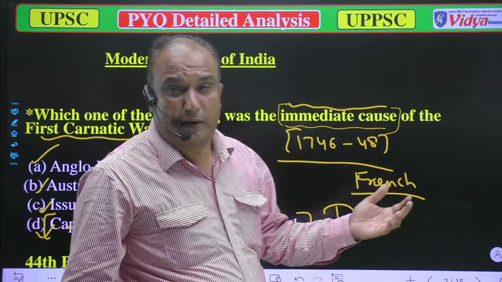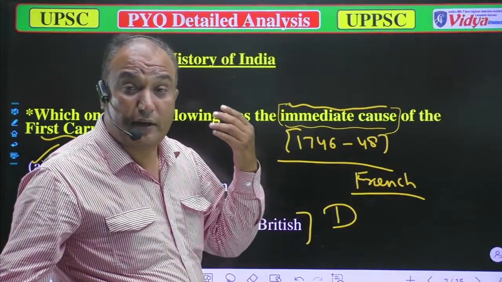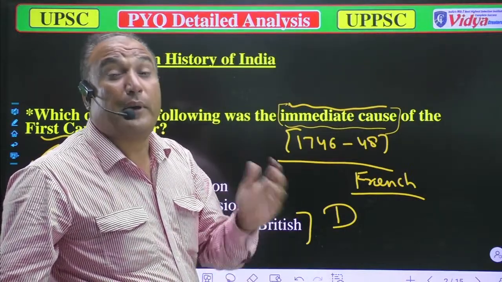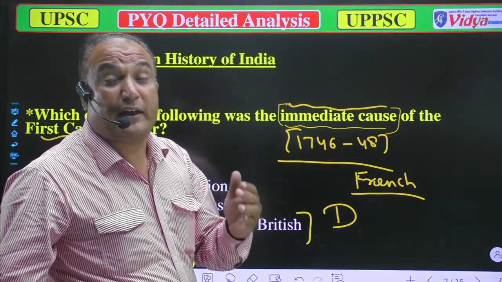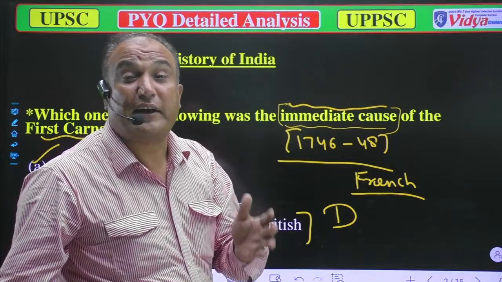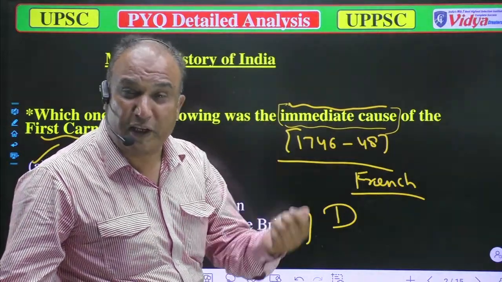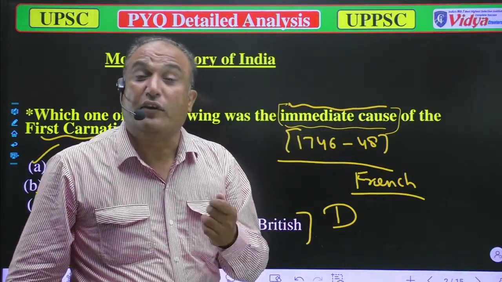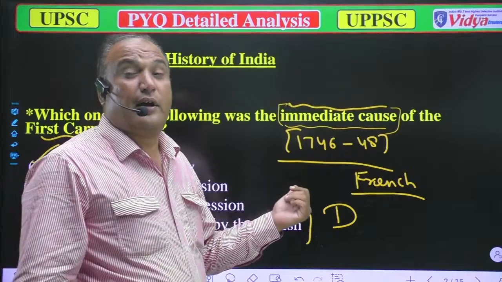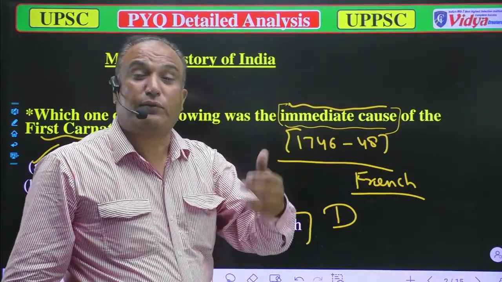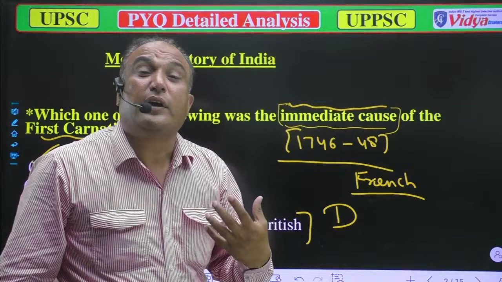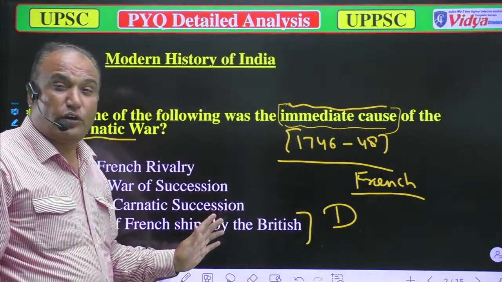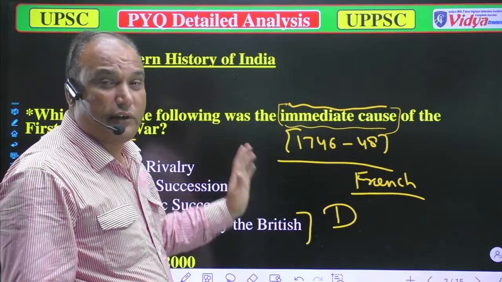In principle, that subordinate policy was introduced by Dupleix, but it could not take the official place; it could not become the official policy of the French company. So later it was introduced by Lord Wellesley in 1798. But in principle, it was used by Dupleix. So that was the immediate cause, right? So this was our first question.